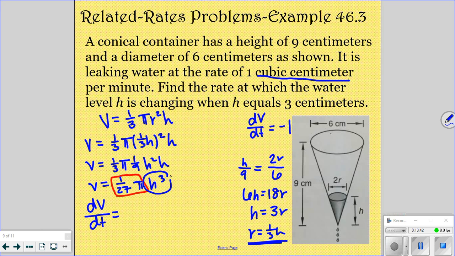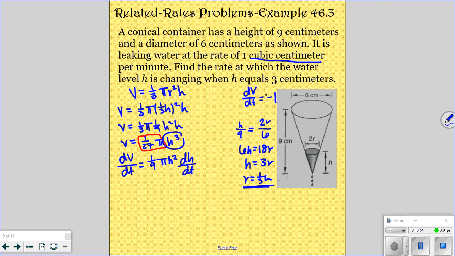So 3 comes to the front, so 3 over 27 is 1/9 pi, and then h squared, and then dh over dt. Okay, so we already know that dV over dt is -1, and then negative 1/9 pi.